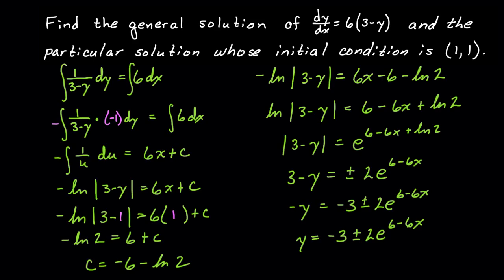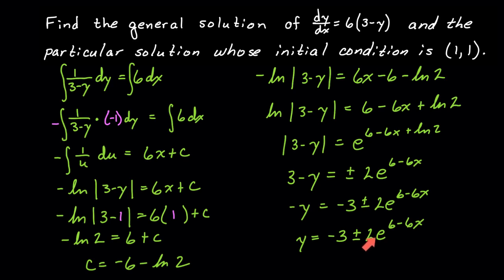All right, so one thing that we haven't come across yet is this situation down here when you end up with a plus or minus. And on the plus or minus, we need to figure out which one is it going to be. Is it going to be -3 plus this, or is it going to be -3 minus this?